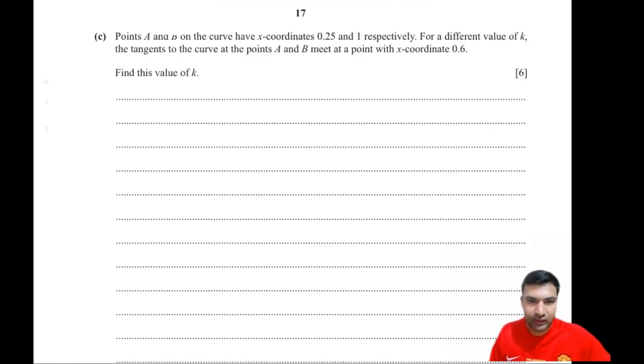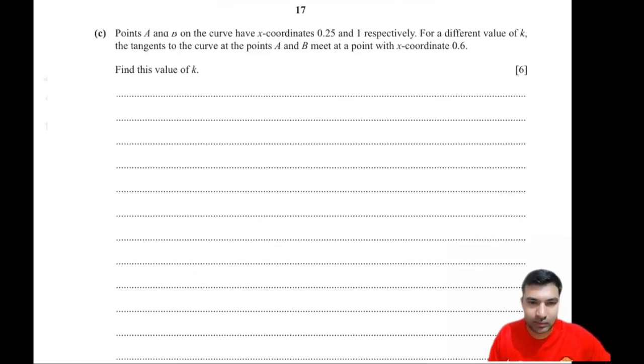Perfect. Now, coming on to the C part, it says points A and B on the curve have x coordinate as 0.25 and 1 respectively for a different value of k. The tangents to the curve at the point A and B meet at a point with x coordinate 0.6.